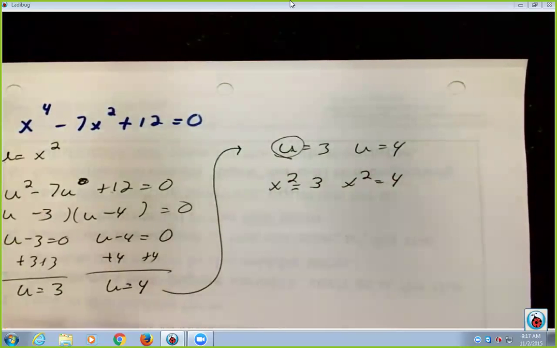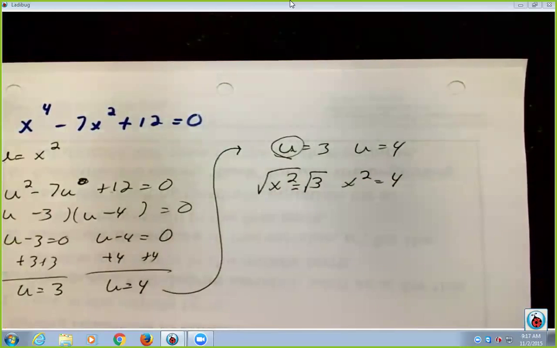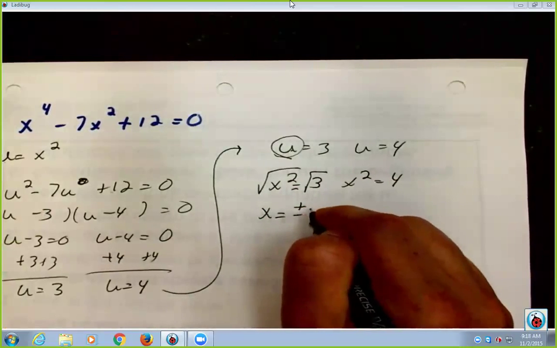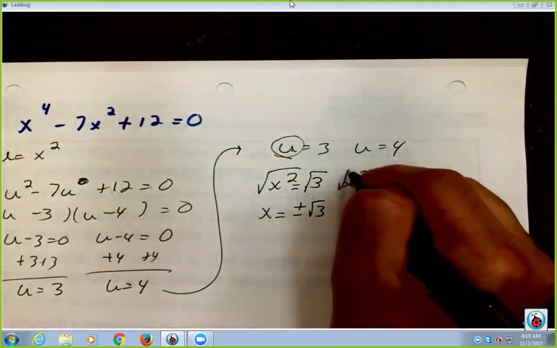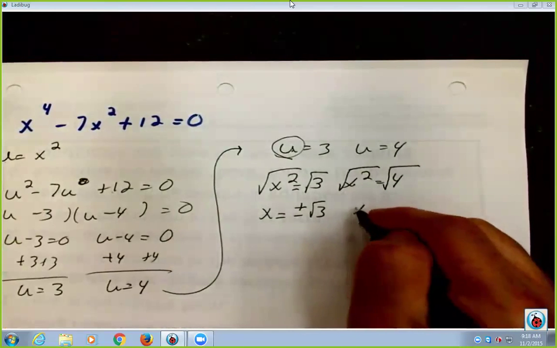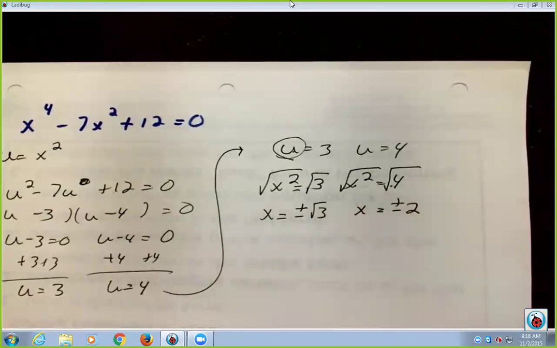And now what I can do is use my square root property that says if I take the square root of both sides, I will find x is equal to plus or minus the square root of 3. And over here, the same case. If I take the square root of x squared, I get x. The square root of 4 is plus or minus 2.